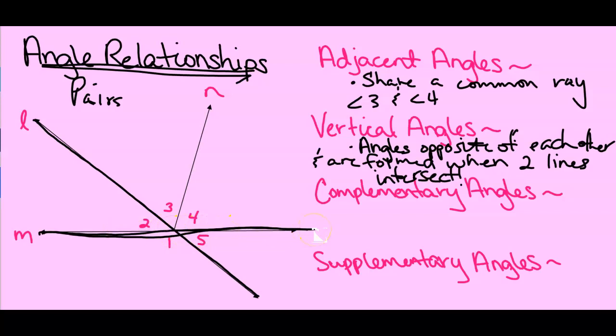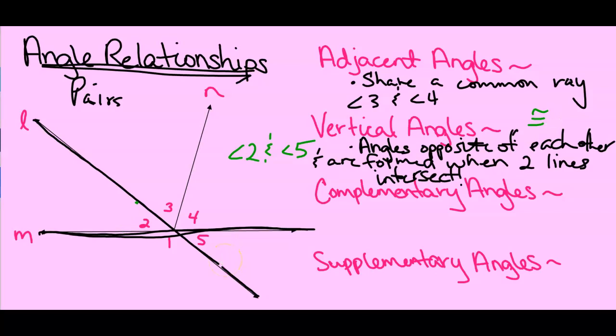One pair of vertical angles formed from that intersection is angle 2 and angle 5. They are opposite of each other, so angle 2 and angle 5 is an example of a vertical angle relationship. An important thing to know about vertical angles is that they are congruent, and we use this symbol right here to note congruency, or equal in measure.